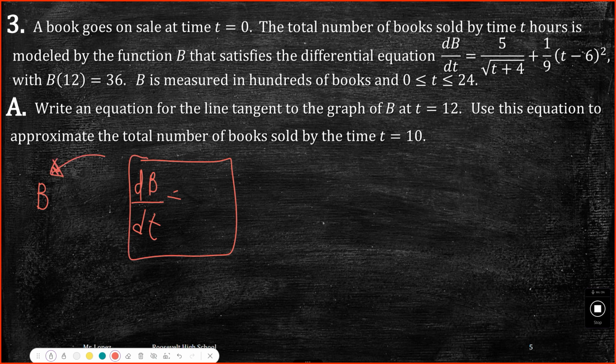If we had been given the B function, then we would just plug it in at B of 10. But we don't know that function. The only thing we do know is the derivative here. So we got a problem here. So what do we do?